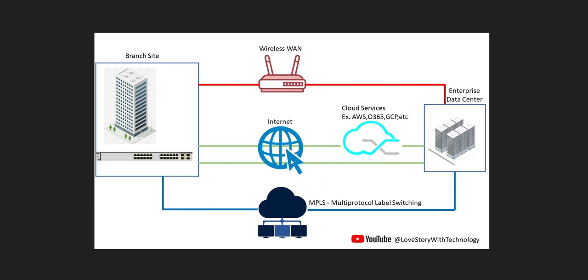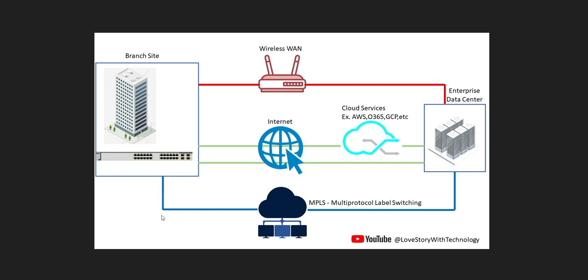So you can use the internet, and you can manage that data center from your branch site. Here is the MPLS to access your files and your confidential data securely, accessing that data using your MPLS line, not on the internet, that is separated from the internet.